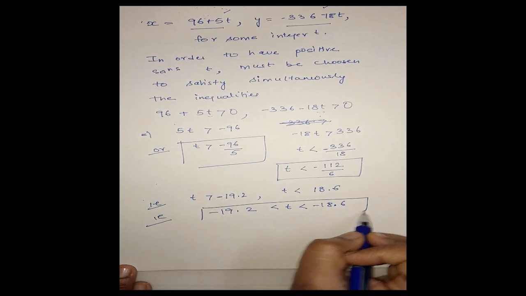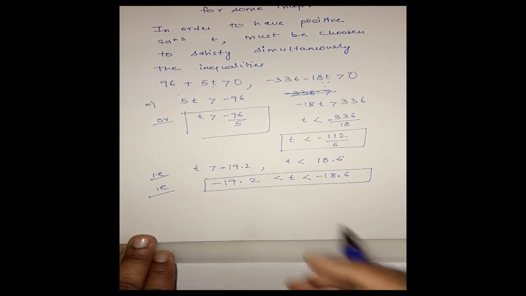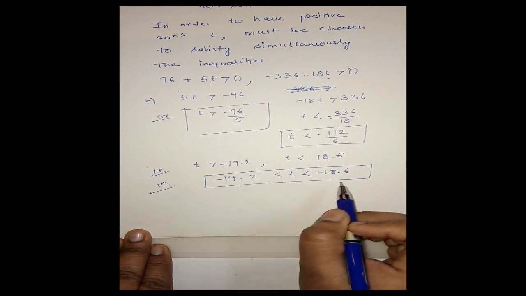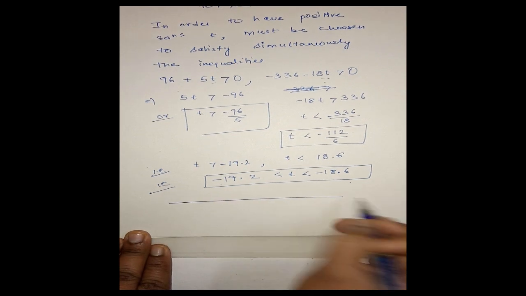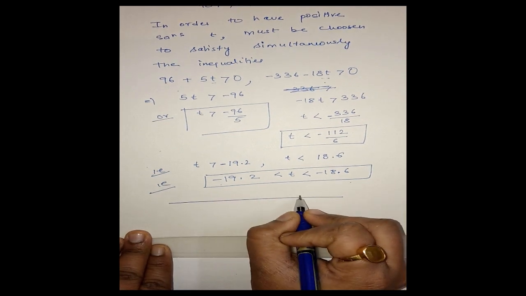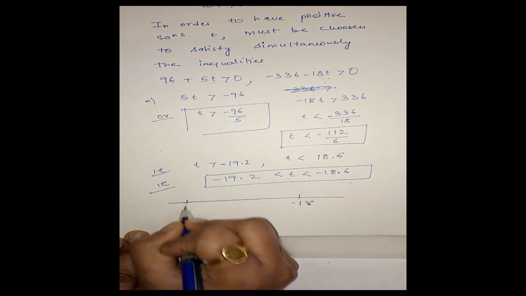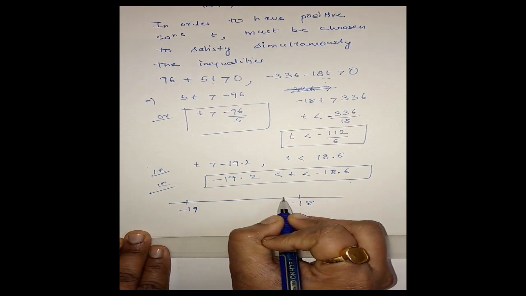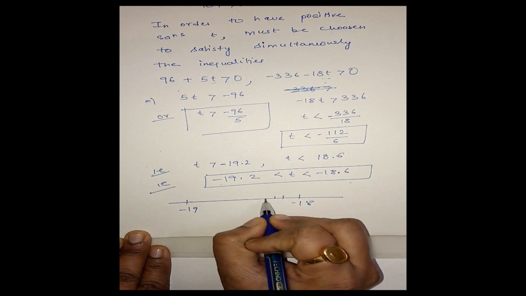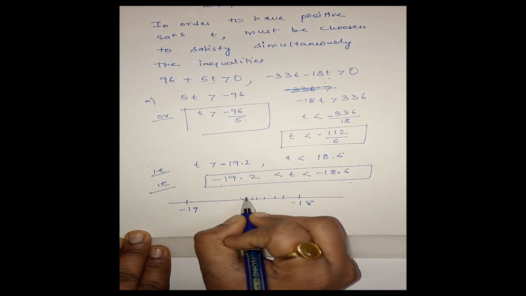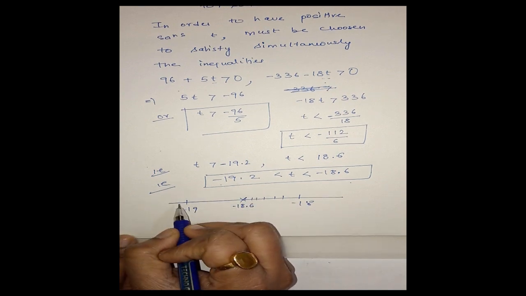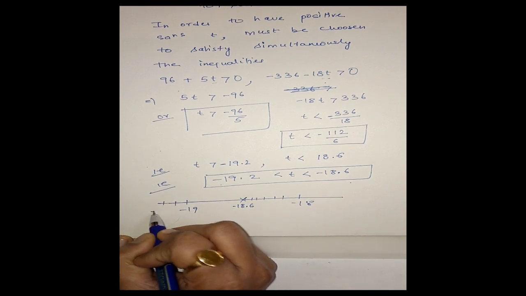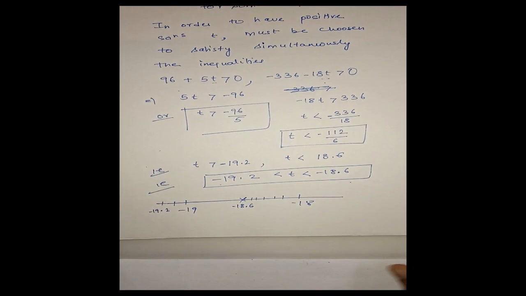We want to choose t in such a way that t lies between minus 19.2 and minus 18.6. If I draw a number line here, with minus 18 here and minus 19 here, minus 18.6 will be somewhere here and minus 19.2 somewhere here.